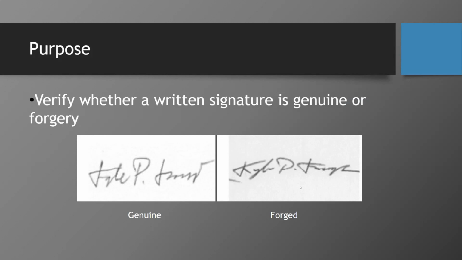Here is a simple example. The left one is a genuine signature, and the right one is a fraudulent signature. So our model is to distinguish the genuine signature from the fraudulent signature.